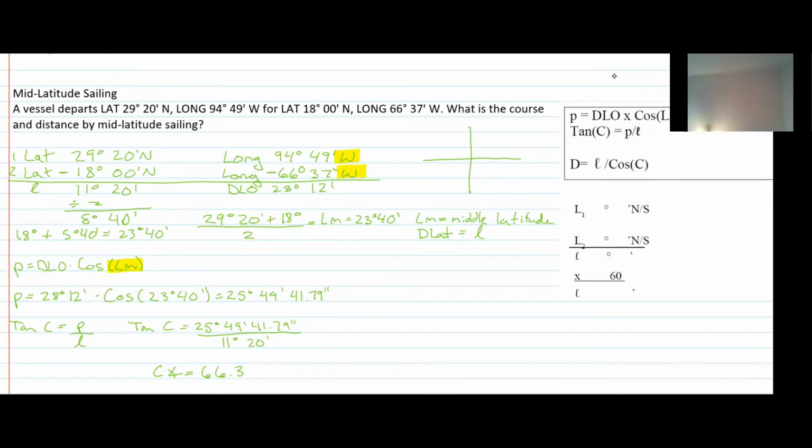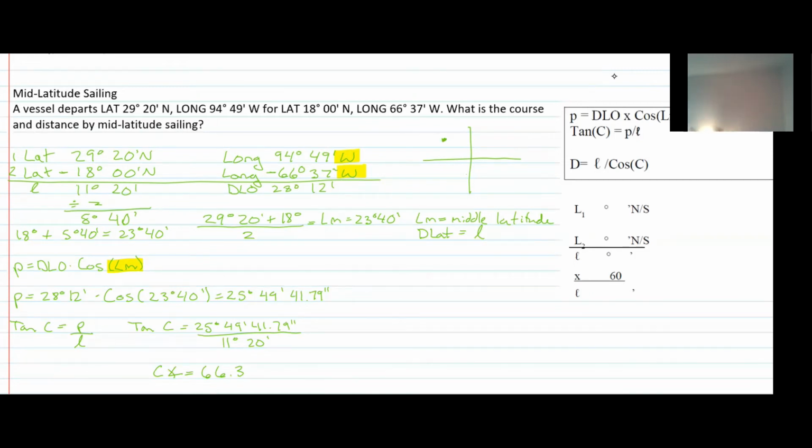These are our starting latitudes and longitudes for the problem. So we can put a dot pretty much anywhere in the northwest quadrant to start. Doesn't really matter if it's accurate. So I'm starting with my first lat and long position.